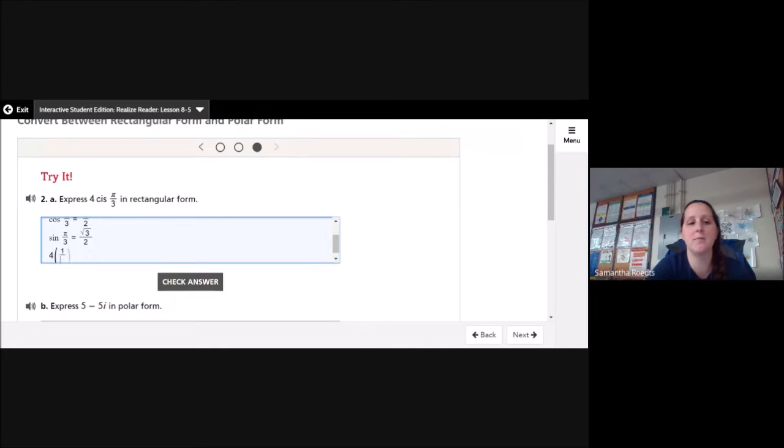So 4 times 1/2 plus 4 times the square root of 3 over 2, times i. 4 times 1/2 is 4 divided by 2, which is 2. So 2 plus 4 times the square root of 3, divided by 2, is 2 square root of 3. I'm going to add the i in front, because otherwise it gets kind of confusing. So I have 2 plus 2i times the square root of 3.